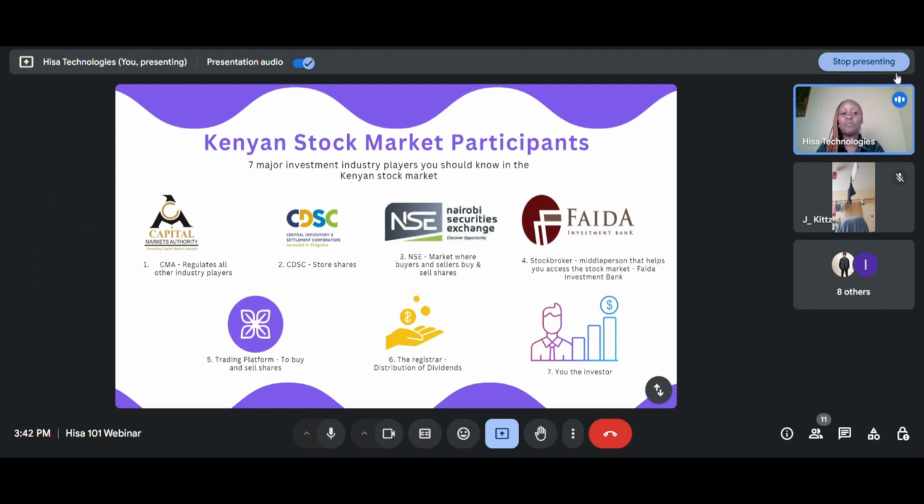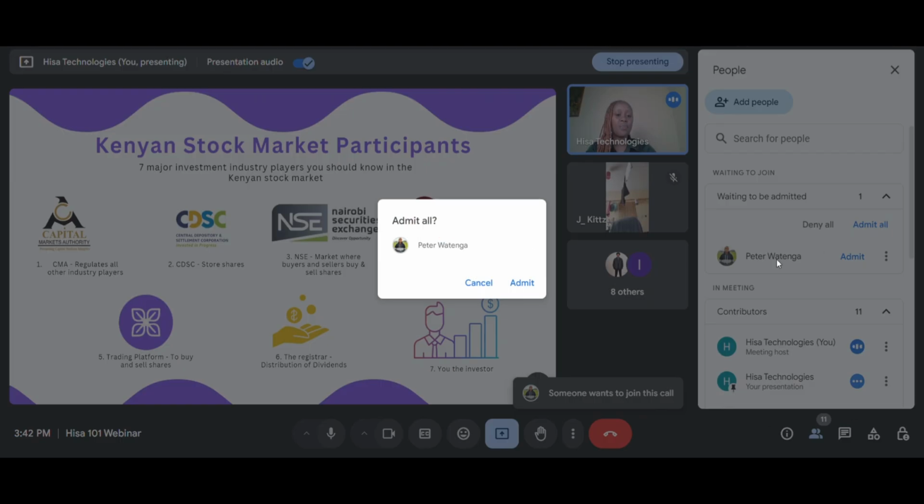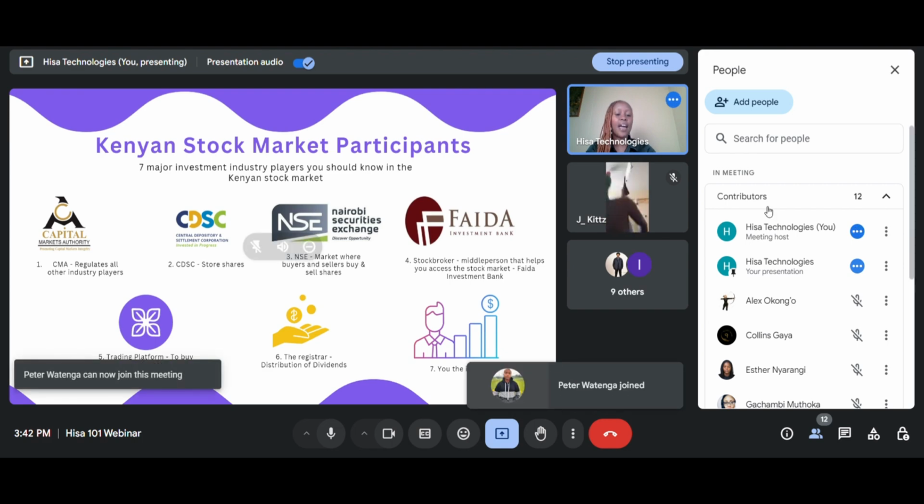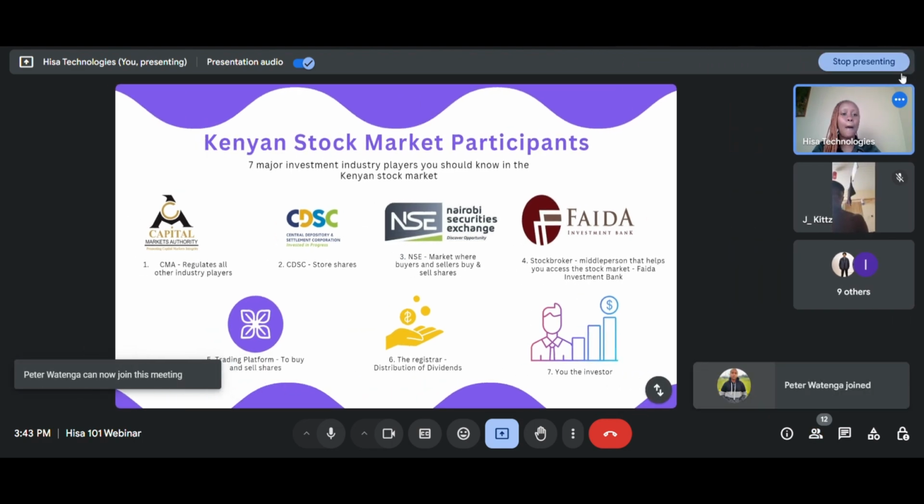So let's continue. As I was saying, there are 7 stock market participants, that is the institutions that you as an investor should know about, and they play a very key role in ensuring that you get your shares and are able to participate in the stock market. Number 1, the key participant is the Capital Markets Authority, that is CMA. The Capital Markets Authority regulates and licenses everyone else in the market.